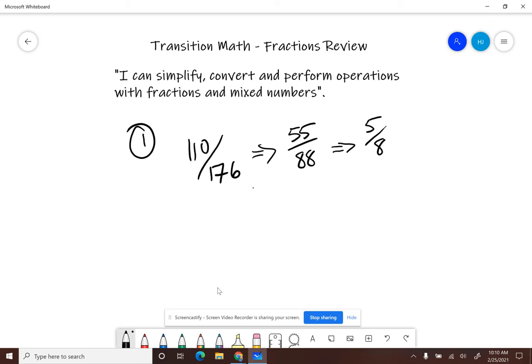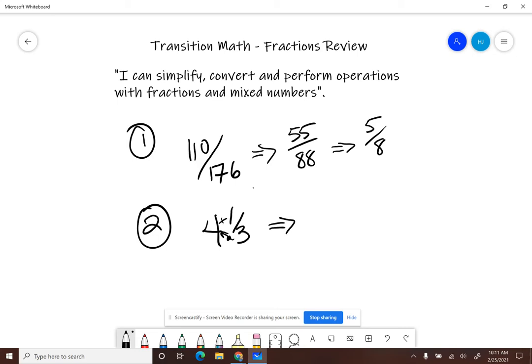So let's look at a few more. Number 2, we'll call it, is we're asked to convert from a mixed number to an improper fraction. So if I'm given 4 1/3, how do I make that an improper fraction? Well, it's actually pretty easy. All you really have to do is, for example, take this 3 and multiply it times the 4. So that's going to give you 12. 3 times 4 is 12.